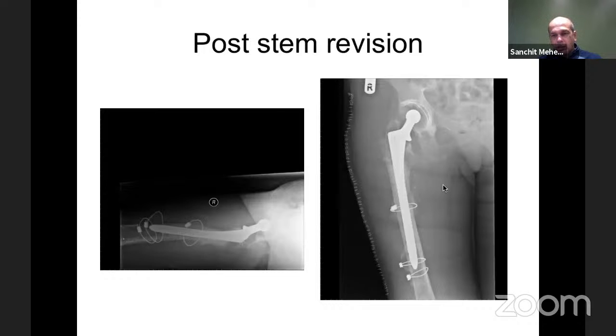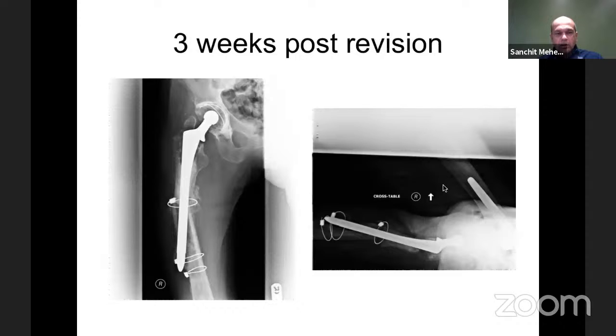You can see that there is that anterior perforation. Because it's a single monoblock straight stem, it's not matching the curvature of the femur. They tried to mend it together with cables, again not very well. And then the obvious failure. So what started as a fairly innocuous fracture has now caused a major issue.